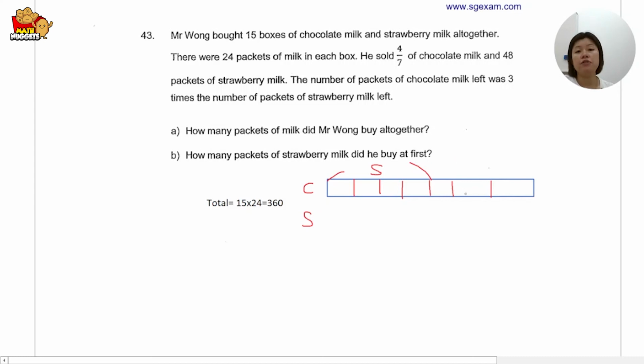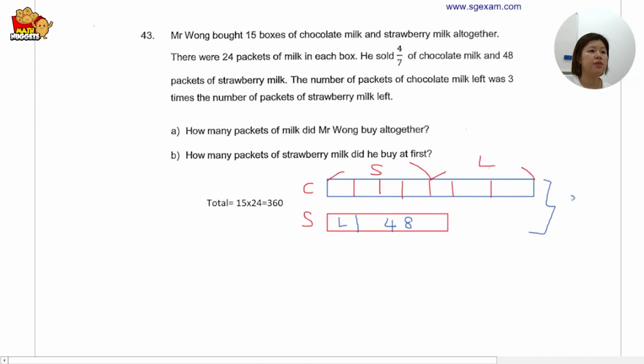So I have 3 units left. If my chocolate milk is 3 units left and it's 3 times, meaning my strawberry milk is 1 unit. So I can just draw a random box. Okay, and then I can just cut here to say this is my left, and the whole thing here is 48.